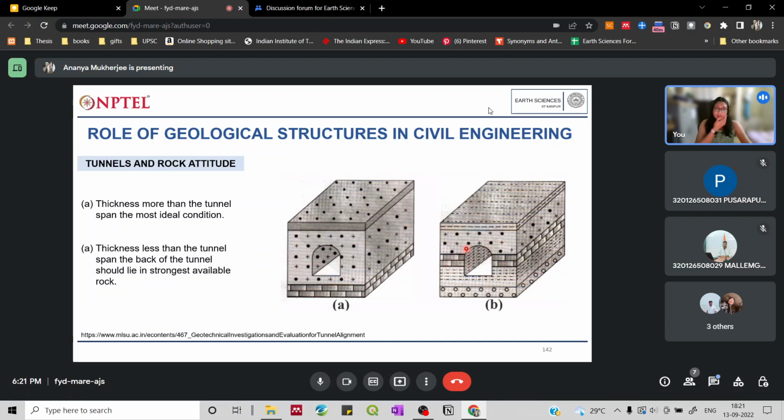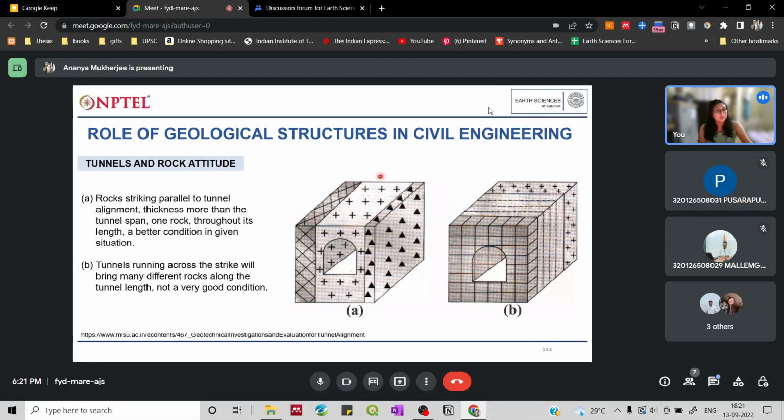Again, when you are identifying your sites for such structures, you have to take into consideration the different rock beds that are present. As it is mentioned over here, the tunnel should lie along the strongest available rock, so it has the proper amount of support and does not cause damage in future.